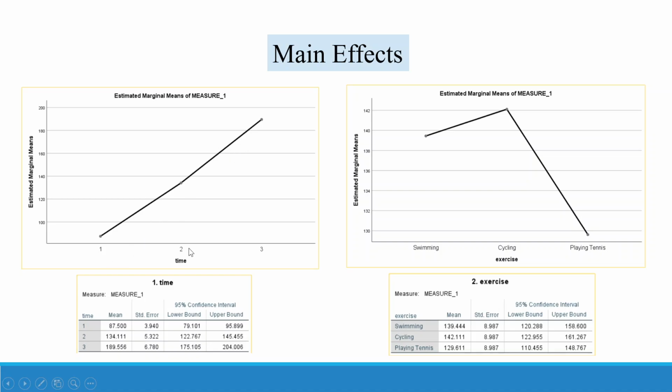Main effect of time. So you can see the mean pulse rate at time T1, time T2, 134, and at T3, 189. So the pulse rates have increased.